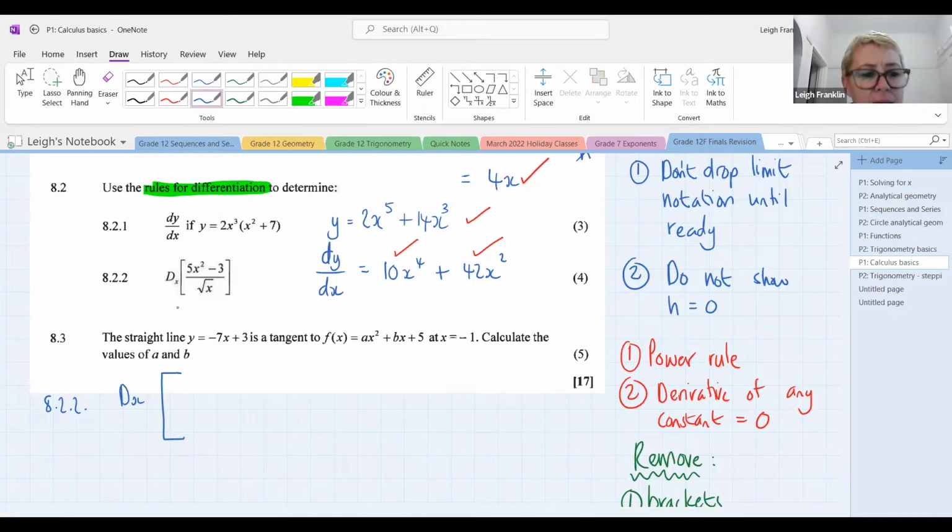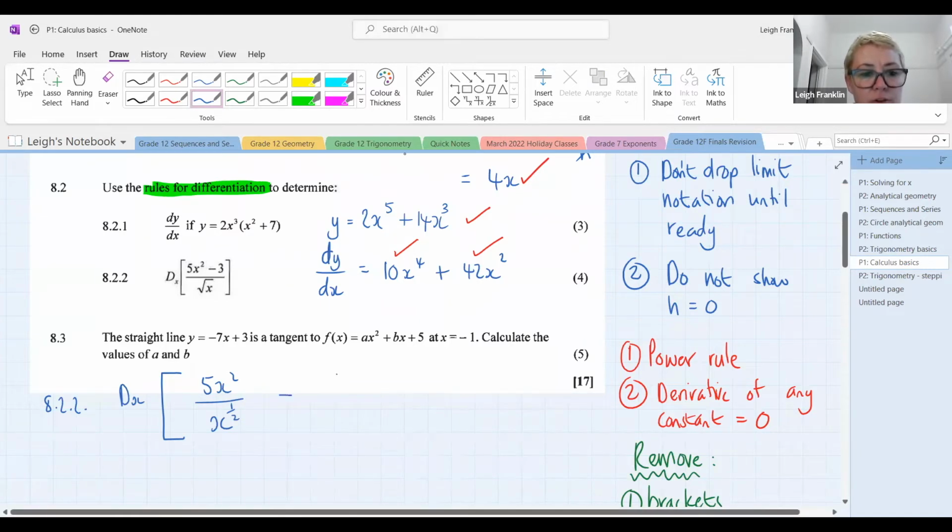I'm going to split it up, but I'm going to write 5x squared over, and instead of writing root x, I'm going to get rid of my root sign. So now I'm going to write it to the power of 1 over 2. Minus 3 over x to the power of a half.